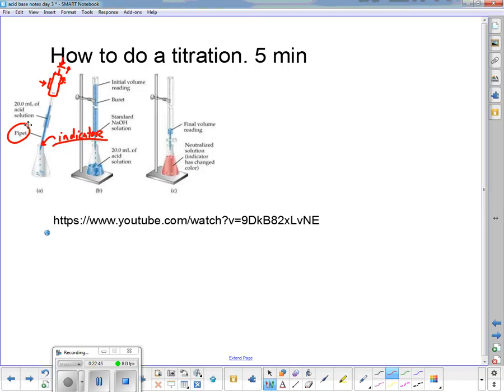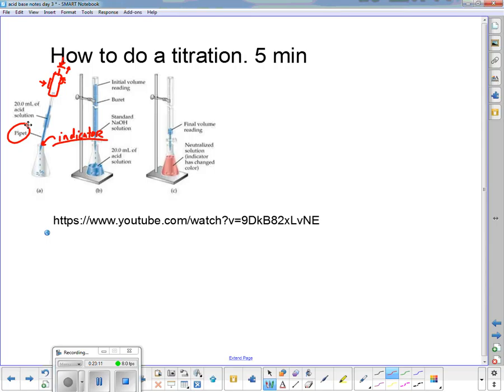This is the biggest mistake that kids make, is not putting the indicator in. And they do the titration, and they use a whole burette of stuff. There's no color. There's no way to tell the ending. It's like running a race and having no finish line. So you just keep running. It would be like putting something in the oven to bake and forgetting to set the timer.